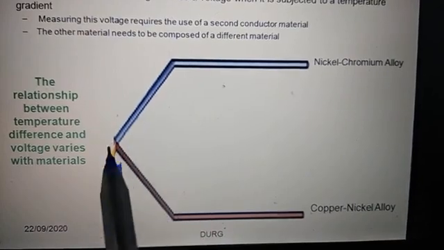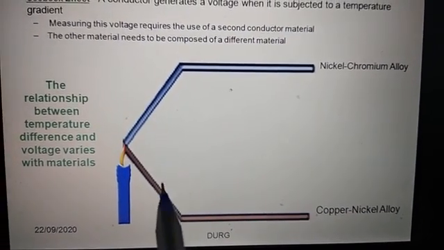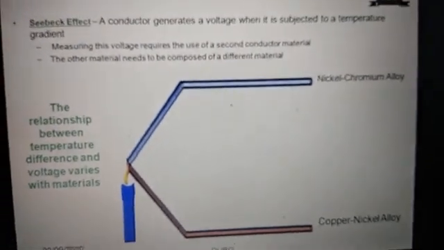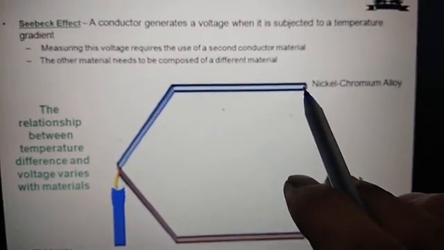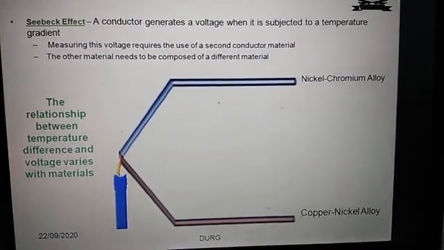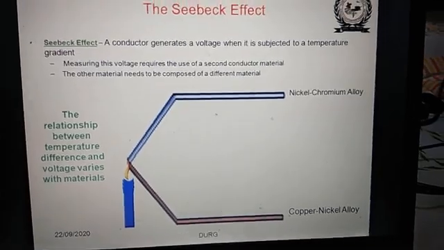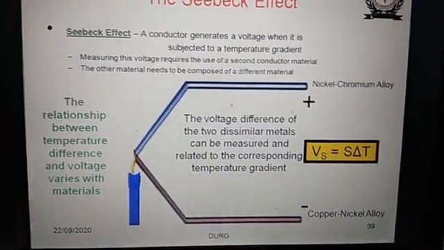So here when the temperature is measured, the change in substance material and characteristics produces the difference voltage here, and hence it is important to have two different materials like in thermocouples. This is a thermocouple.